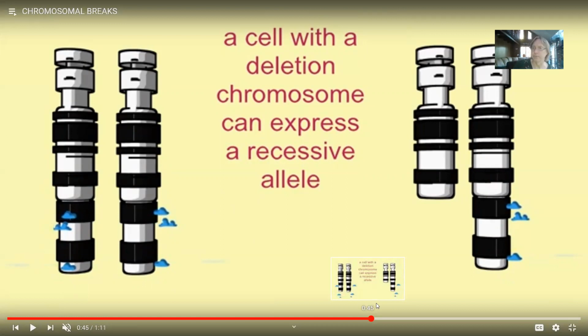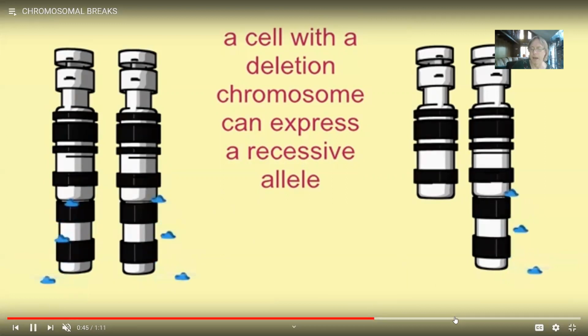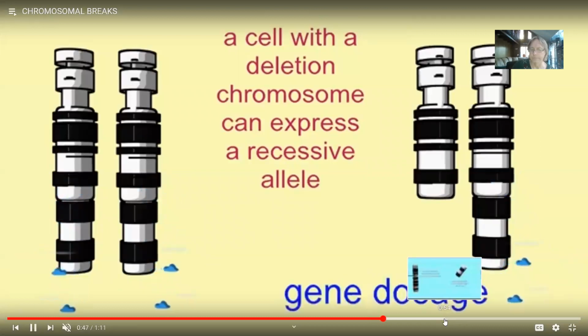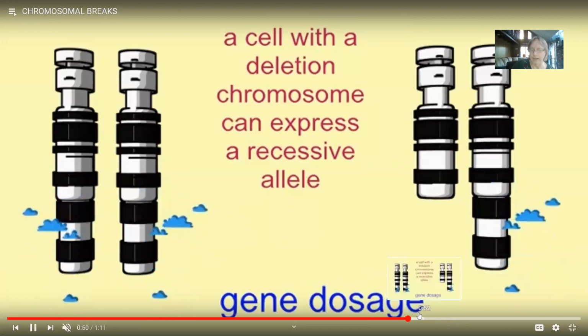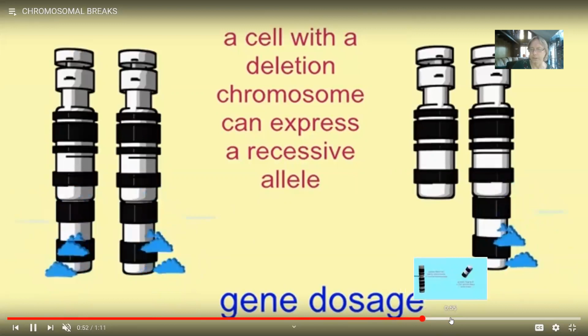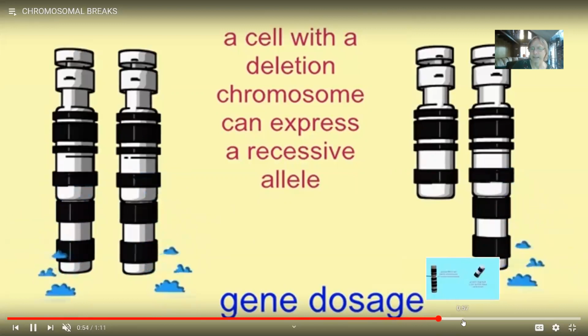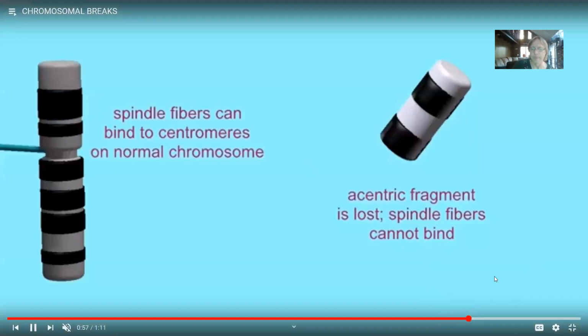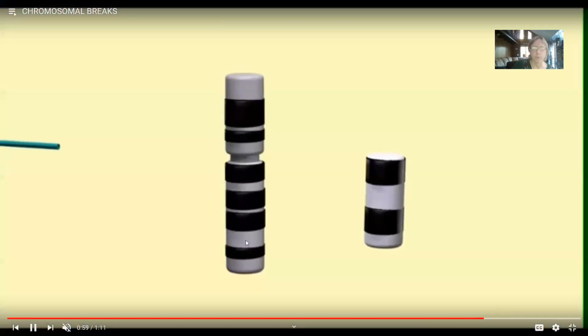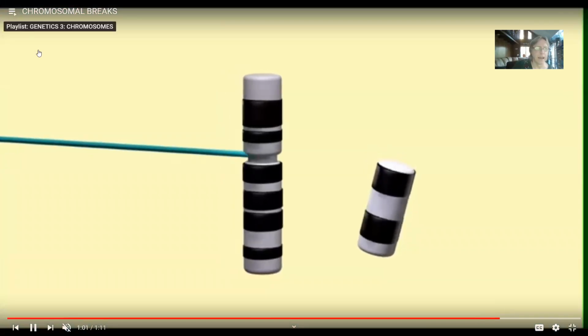So even though it's a recessive trait in most individuals, with you it's being expressed with only one copy, so it's having what's called pseudo-dominance. So you can express a recessive allele with deletion chromosomes. And then once again, you can affect gene dosage as I mentioned.